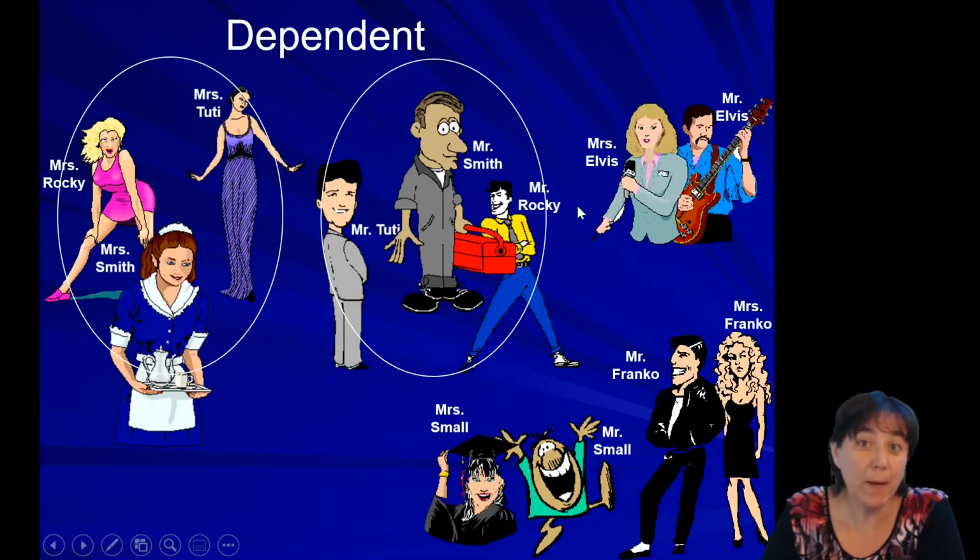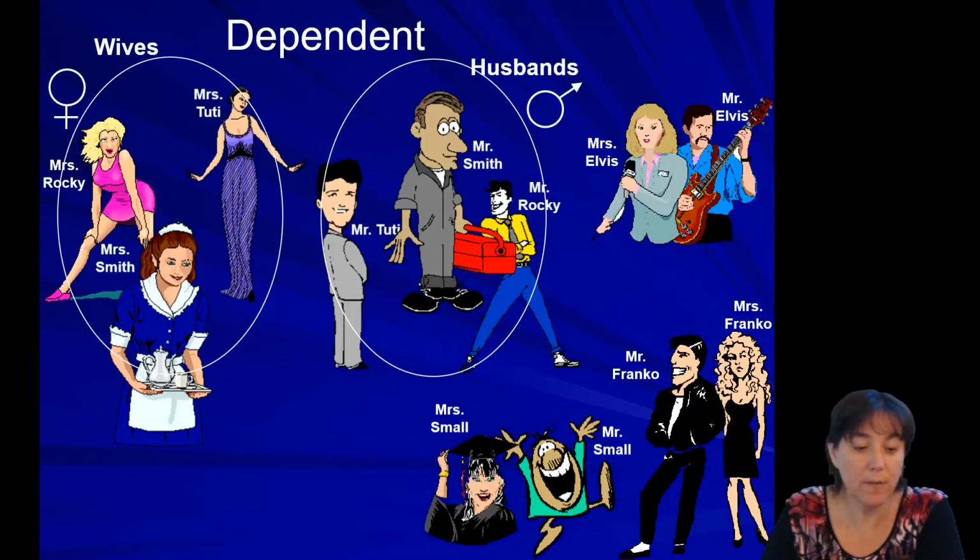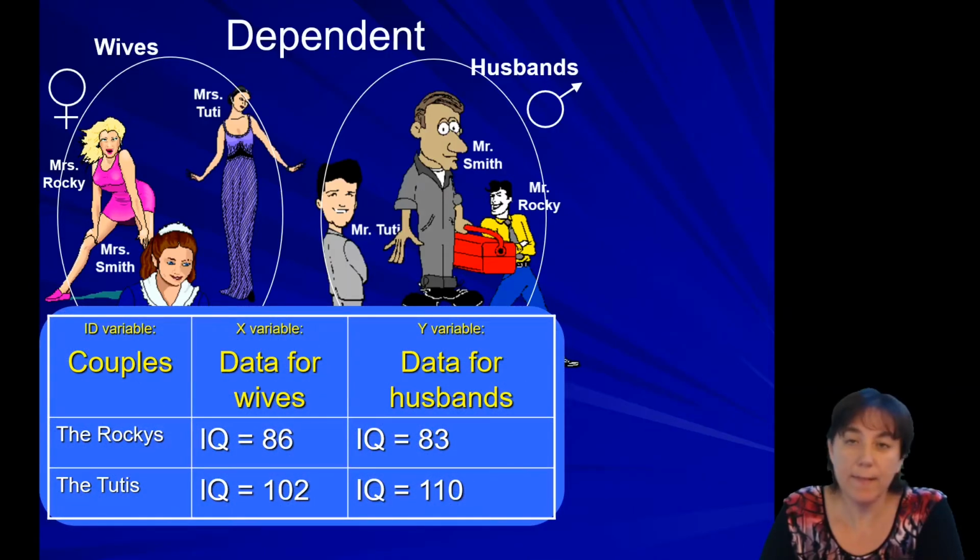Can we talk about males and females? Yes, of course. But we have to conclude to couples, who are husbands and wives and males and females. That's perfectly okay. This is how the database will look. Remember, we have data for the wives, data for the husbands. Even though they're different people, the Rockies will be our unit of observation here.